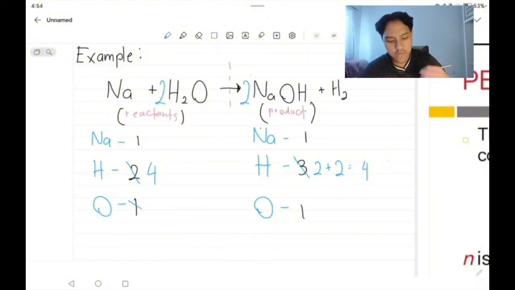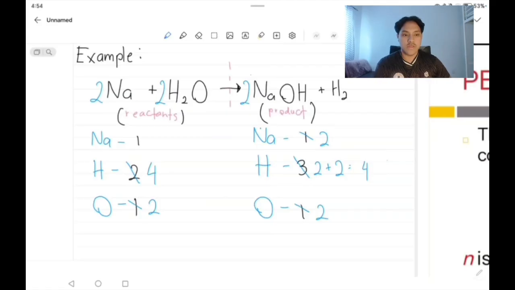So the O for the reactants becomes 2, and O on the product is also 2. And lastly, we check Na. Na at the product is 2, and Na on the reactants must also be 2. So we simply put coefficient 2 on Na. So it is already balanced. Okay, so that's all from me.